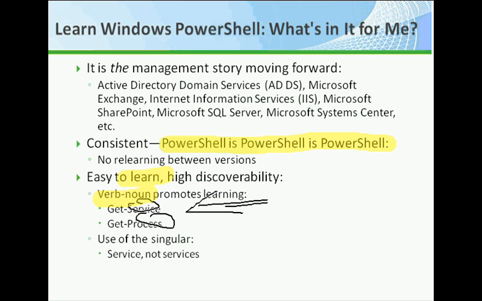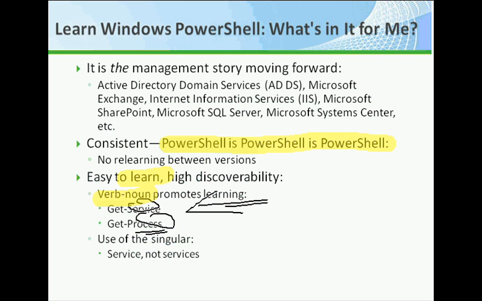We use the standard verb, and then we have a relatively consistent list of nouns. One of the things with the nouns is that we prefer the singular, and so this again helps promote learning and discoverability. So I know that it might be Get-Service and not Get-Services, or it might be Get-Process and not Get-Processes.